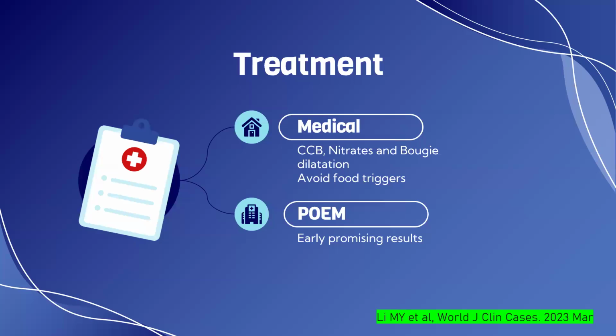CCB and nitrates, have they been very useful? Sir, they have been tried, sir. Do you straight away go to POEM, or do you try medical management? We can use dilatation, sir, pneumatic dilatation. Okay, right.